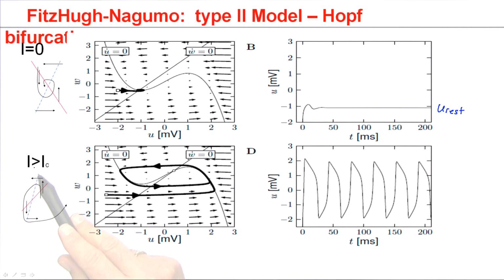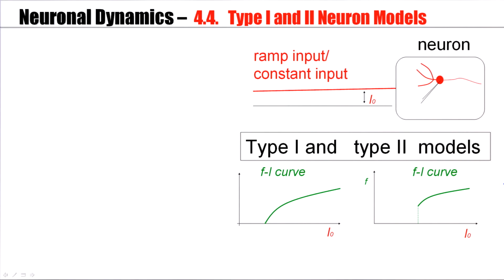With a current larger than the critical current, the system is locally unstable, this fixed point is unstable, and there's a limit cycle, and if we start from this initial condition, we go on to the limit cycle, which corresponds to periodic firing. To summarize, a subcritical Hopf bifurcation, as we have it in the FitzHugh-Nagumo model, gives rise to a discontinuous frequency-current curve.